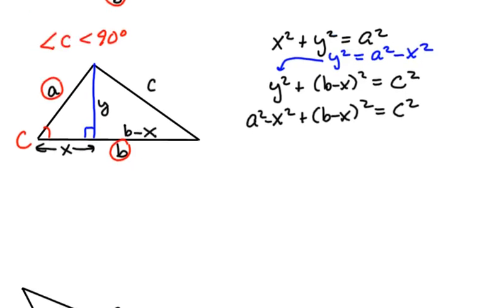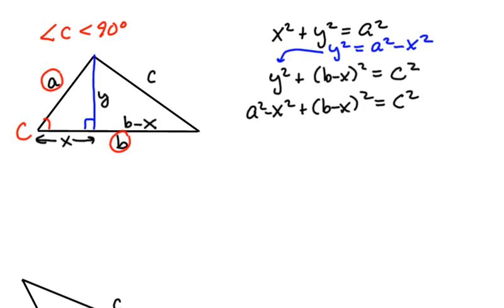Now I'm going to multiply out (b minus x) squared. Just to remind you, b minus x times b minus x is b squared minus bx minus bx plus x squared, because a negative times a negative is a positive.